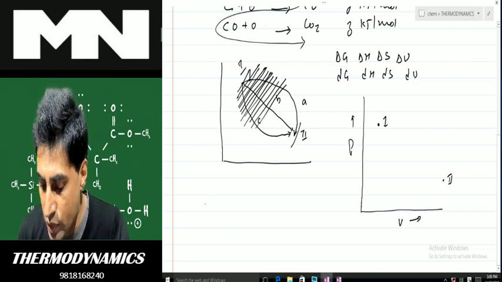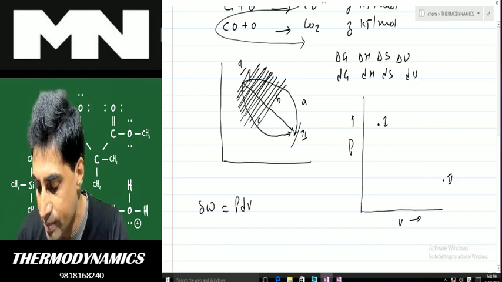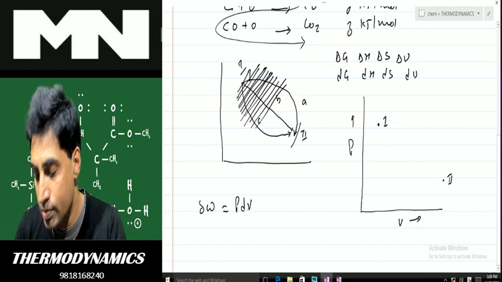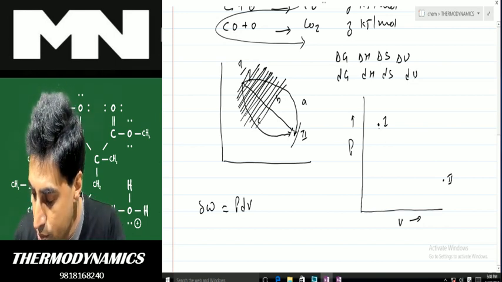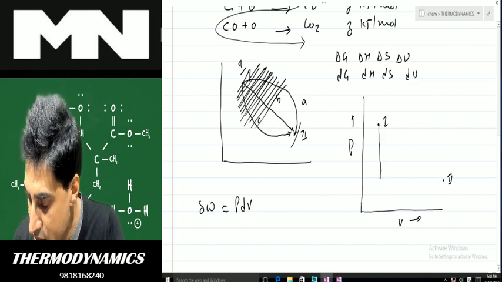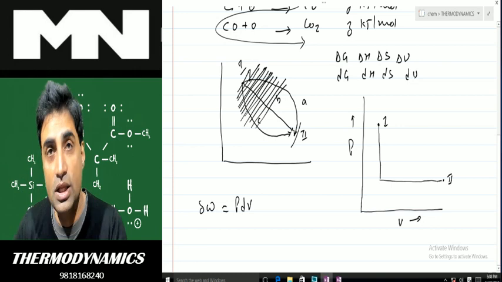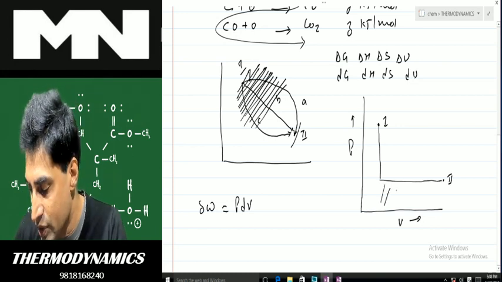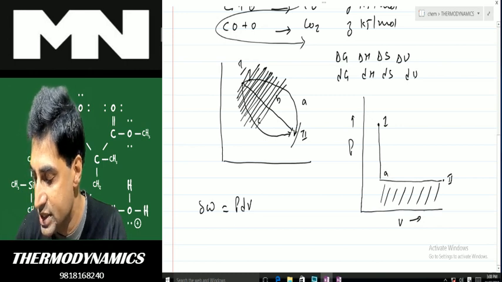The thermodynamic work done, del W, is always P dV, pressure into change in volume. Now, when I'm moving from state 1 to state 2, suppose I am following this path. Then the work done is the area below this. So in path A, work done is this area.